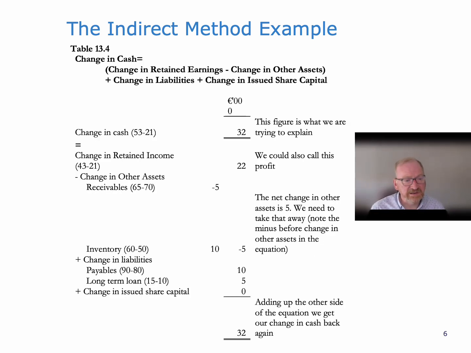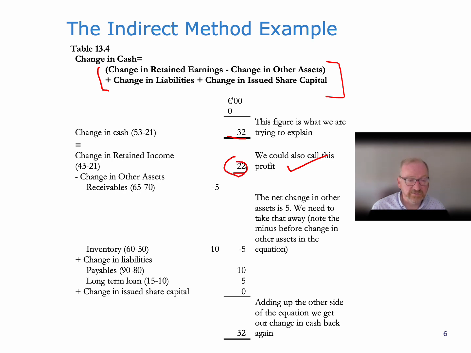So the change in cash is all these other things here, and we just write it all out down here. So the change in cash, which is 32, is equal to the change in retained income, which is 22. We know there's no dividends here, but other than dividends, the change in retained income is equal to the profit for the year, the profit for the financial year. So this is like profit.